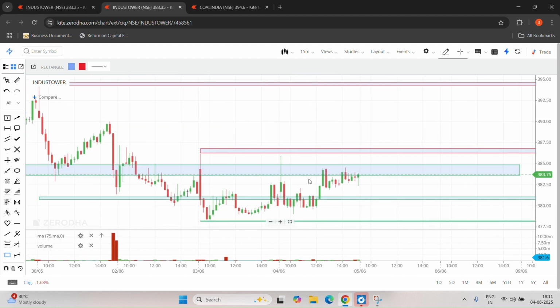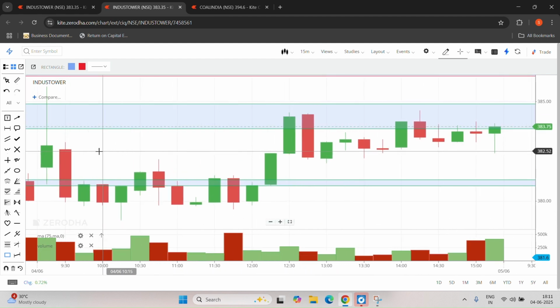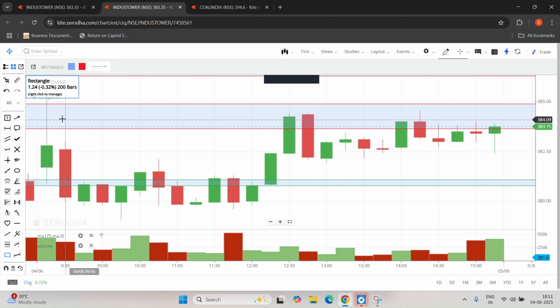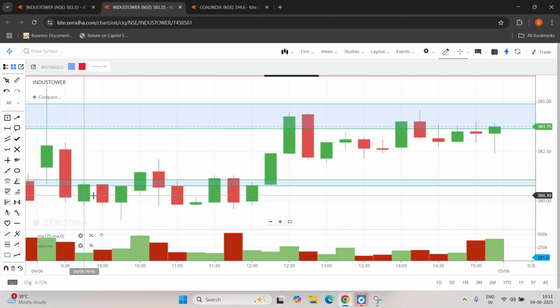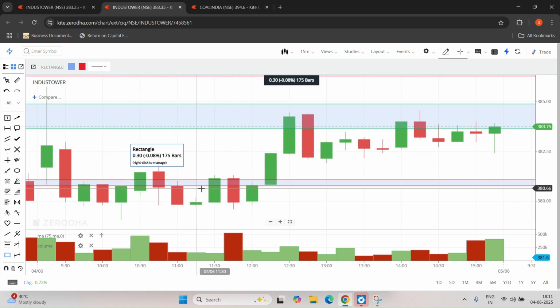just see what has happened on 4th. This is 4th June. If you see, price was not falling from the support level, so people were not selling at 380. When people are not selling at 380, it means people are waiting for the price to go up to sell. They are not ready to sell at that particular price, they want the price to move up.